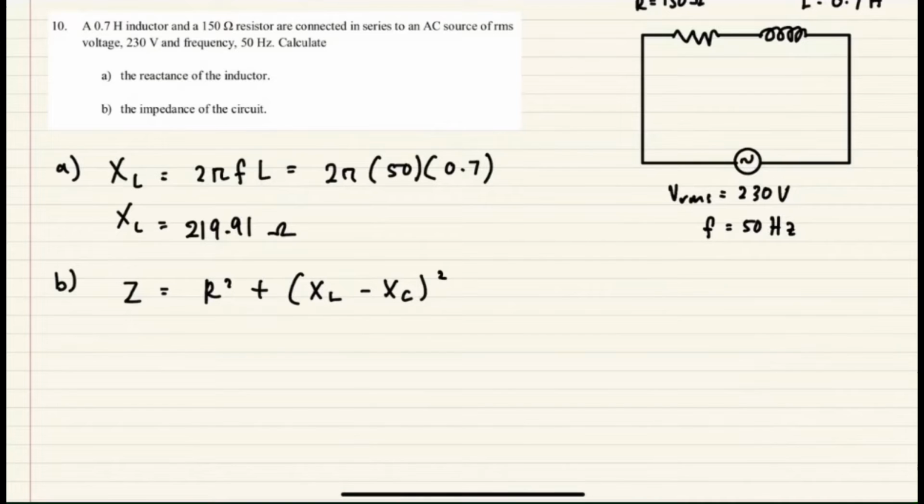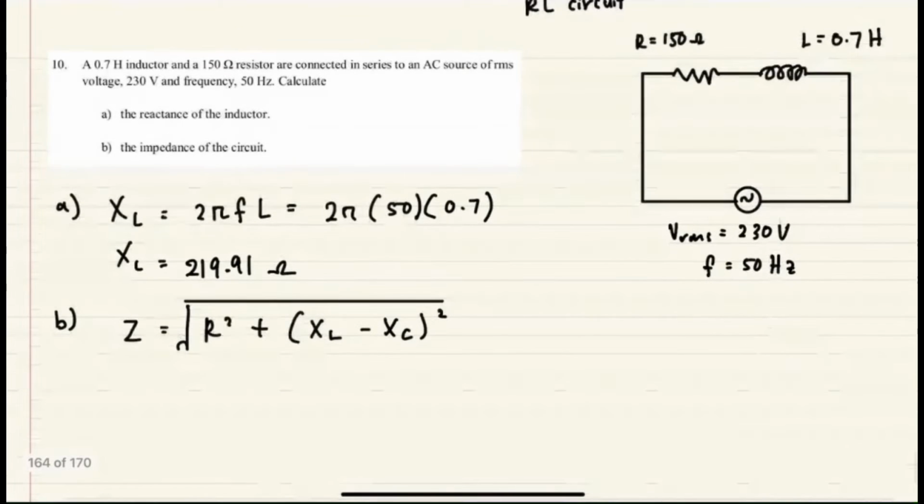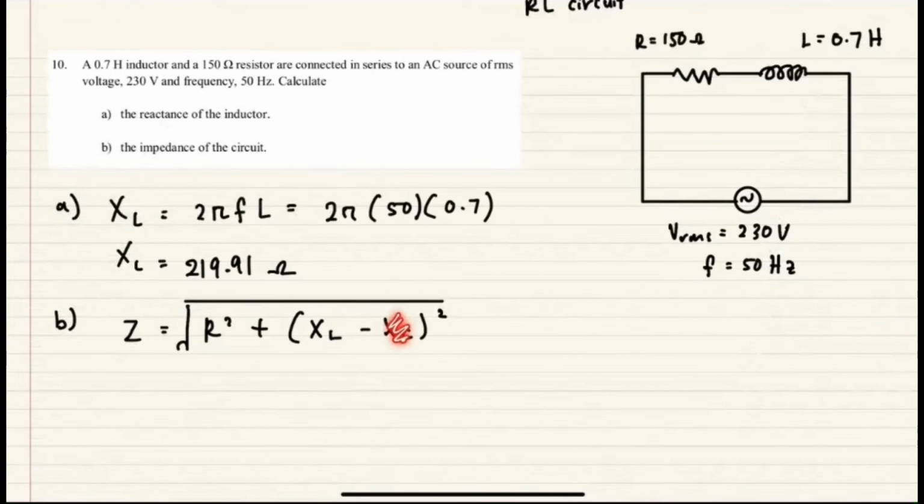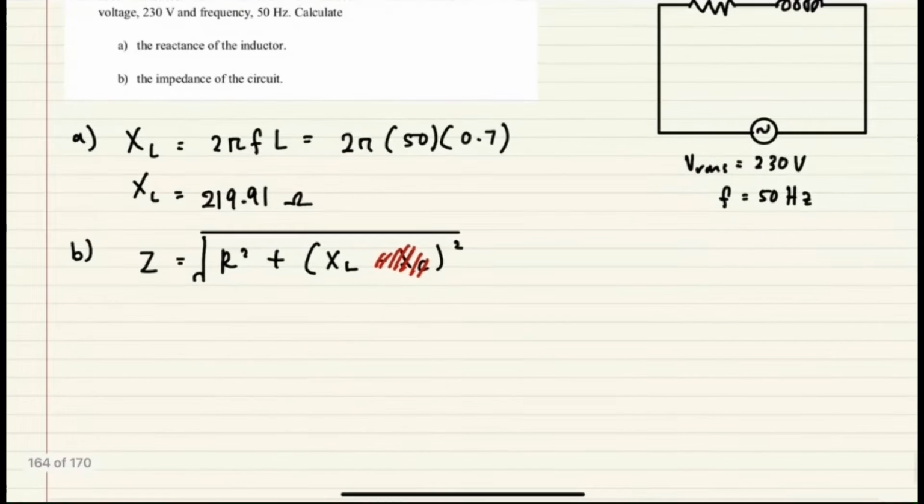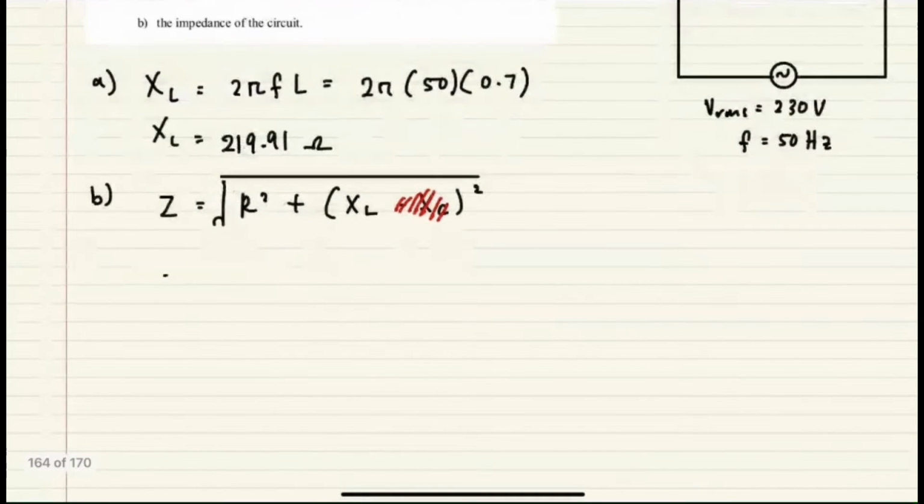Ni equation yang asal lah yang diberi dalam formula sheet. Okay, but then you only have R dengan L, so basically you can ignore the XC tu. So XC kamu ignore sebab tak ada komponen ni. So kamu tinggal Z sama dengan square root of R square tambah XL square.